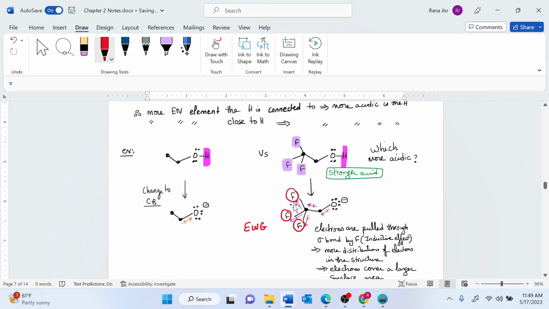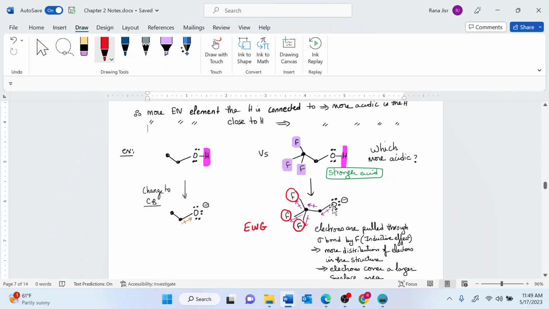They steal electrons away from this adjacent carbon and from the electronegative oxygen. So the electronic cloud for this conjugate base is going to have the electrons distributed over the oxygen, the carbons, and the fluorine. They are not going to be concentrated on the oxygen. So that is going to stabilize the conjugate base.